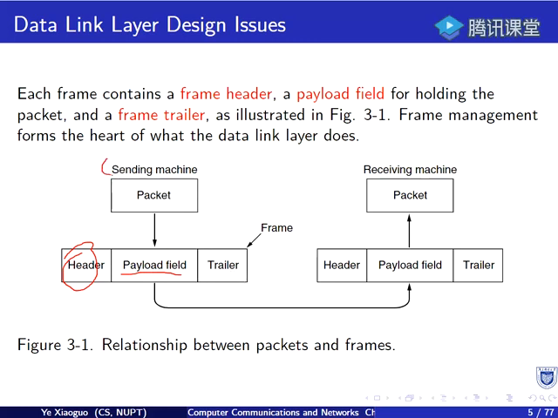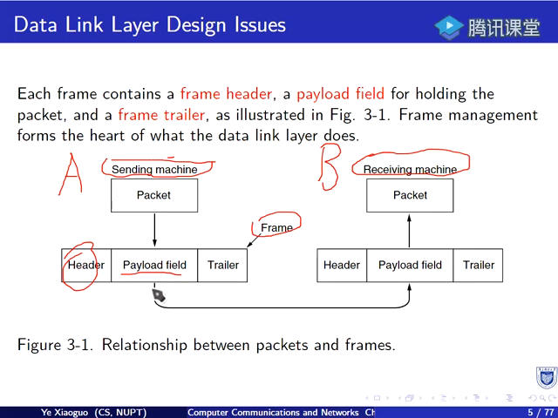So we assume this is a sending machine, marked with A, and this is the receiving machine, marked with B. Then this is a network layer. The data link layer takes packets from the network layer and encapsulates them in a frame, including a header, payload field, and a trailer.